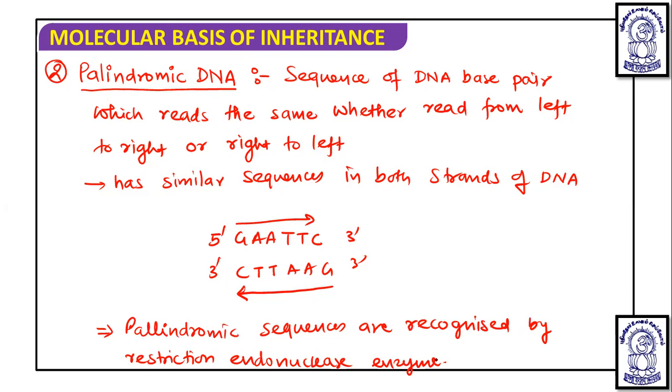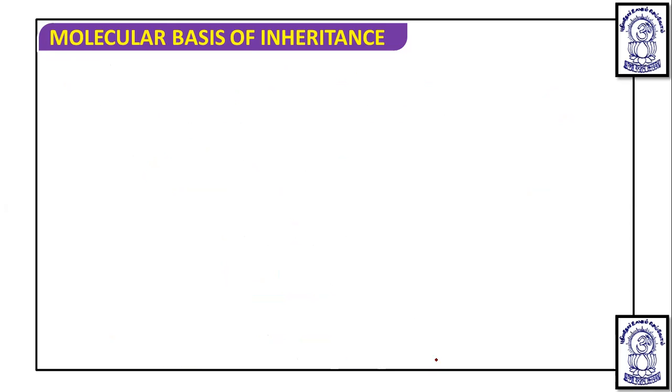So restriction endonuclease identifies these palindromic sequences to cut them. Okay. Now after this we are going to talk about a third property, that is denaturation and renaturation.